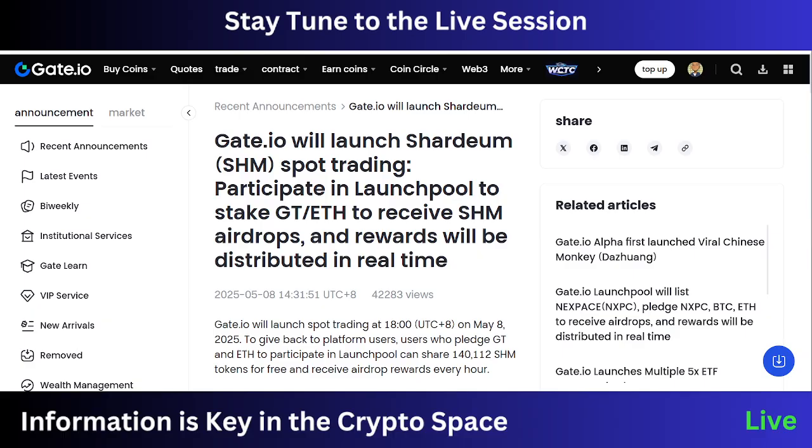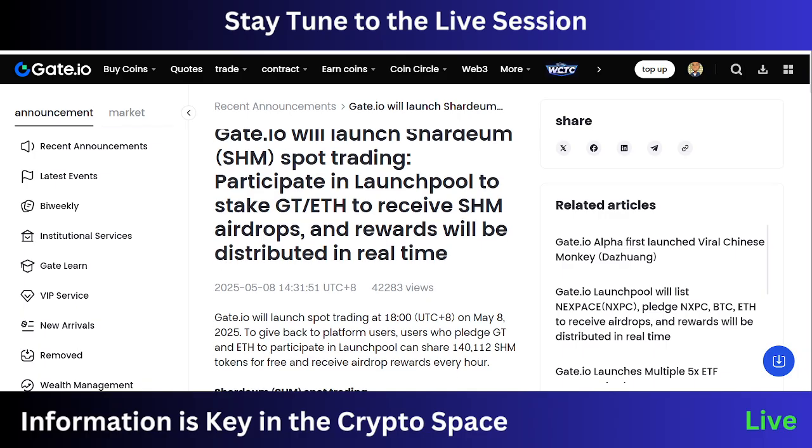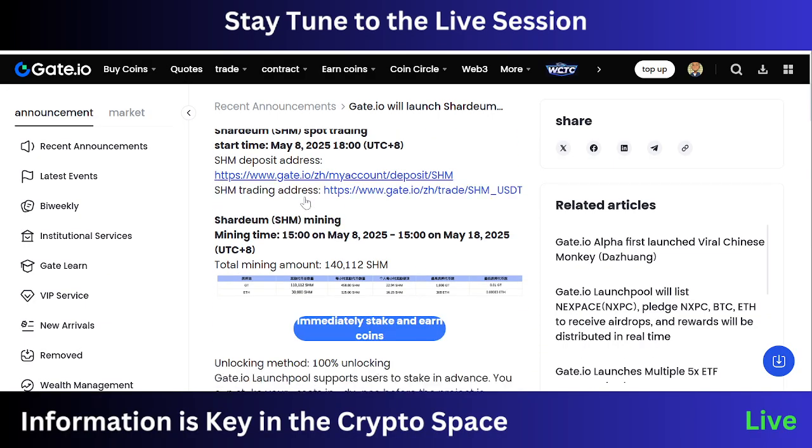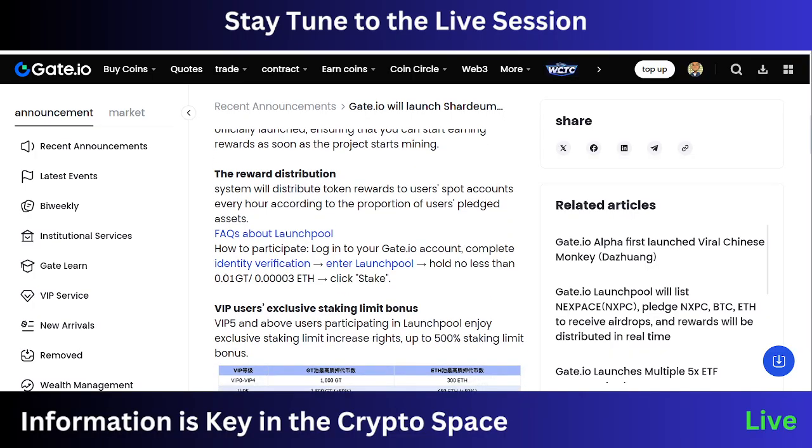So for you to get the SHM airdrop, you need to stake the Gate token, which is GT, or ETH, which is Ethereum, and you will receive the reward. The reward will be distributed in real time.